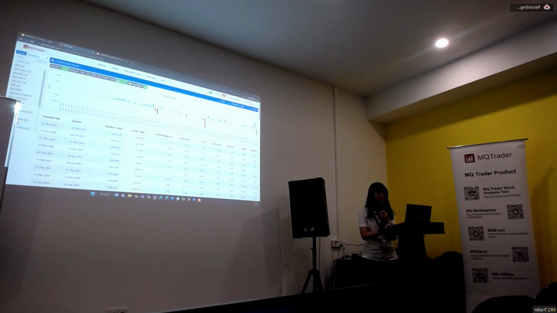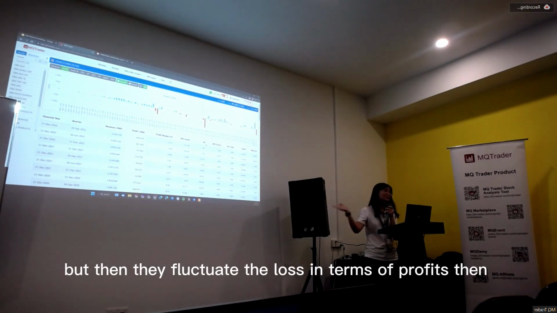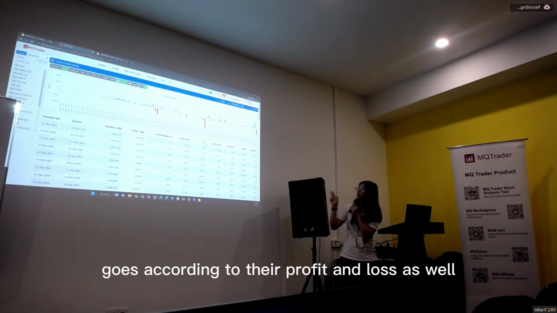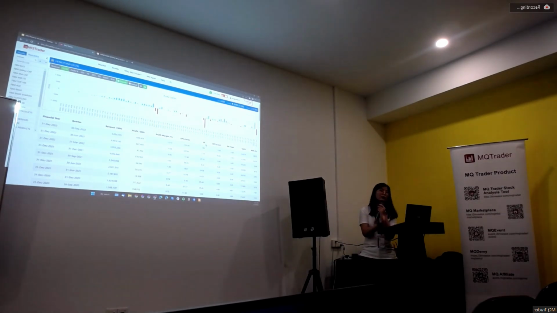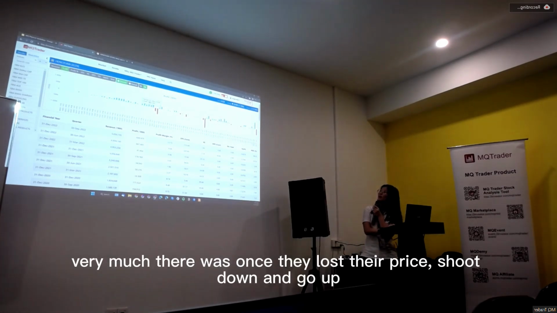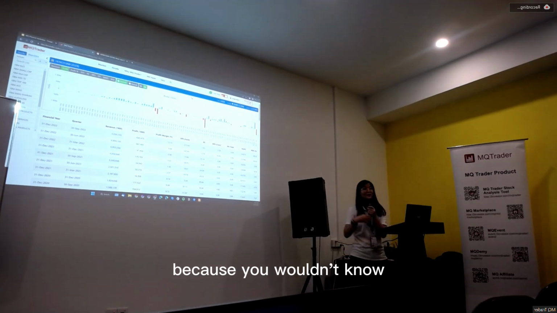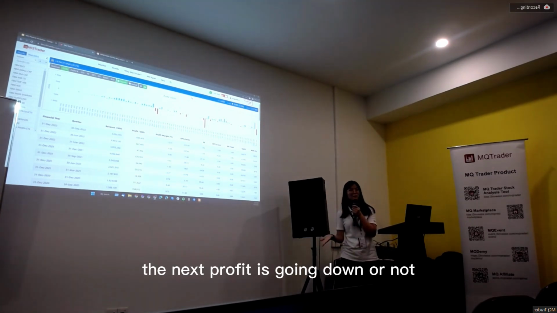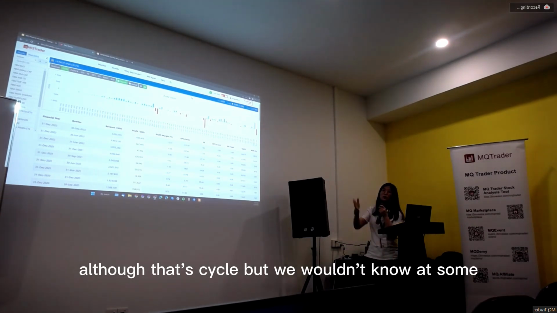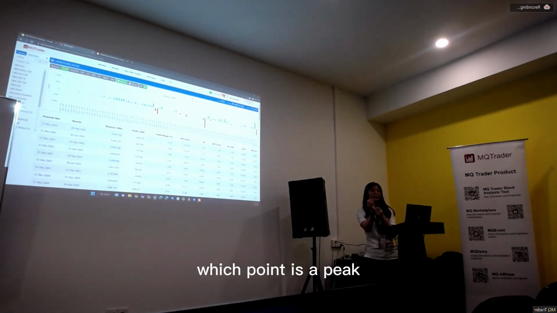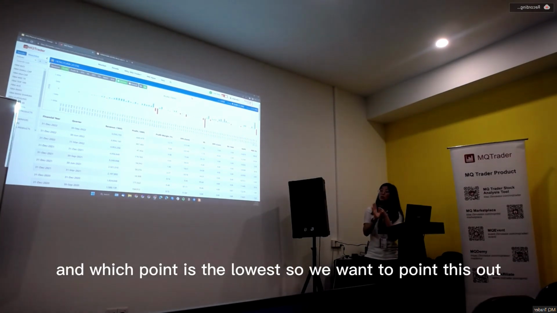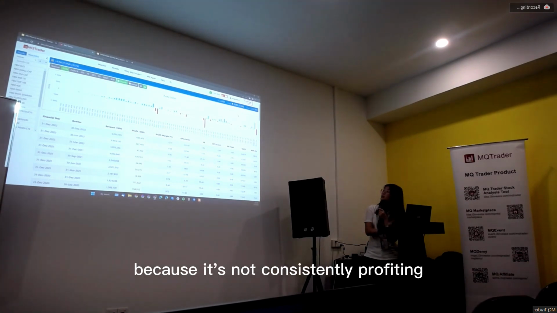But they fluctuate a lot in terms of profits, and their share price goes according to their profit and loss as well. Once they lose, their price will shoot down, and then when they profit, the price will go up as well. This is the stock that we want to avoid because we wouldn't know if the next profit is going down or up. Although there's a cycle, we wouldn't know at which point is the peak and which point is the lowest. So we want to avoid this kind of pattern because it's not consistently profiting.